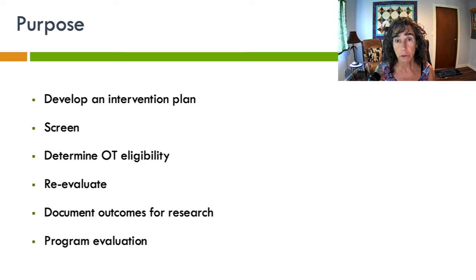To determine OT eligibility in pediatrics, it can be for California Children's Services or school-based services. So different organizations have different eligibility criteria. We can use it to reevaluate to see where a child is at after receiving some services, to document outcomes for research, or to evaluate a program, either a private practice, a school-based program, etc.